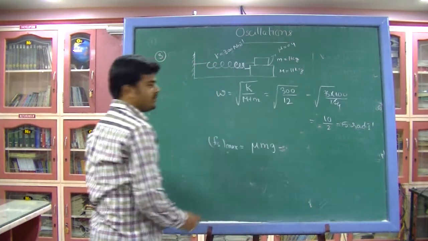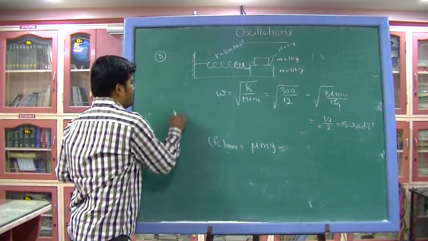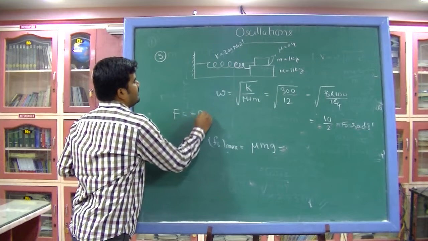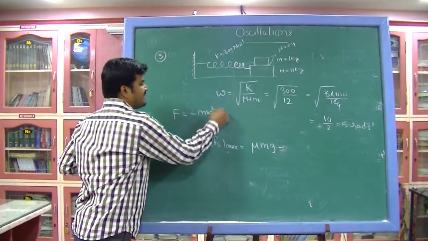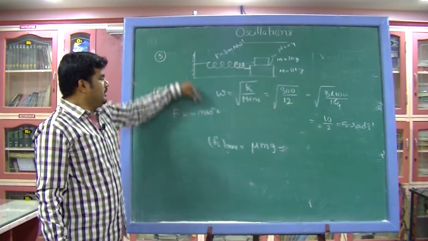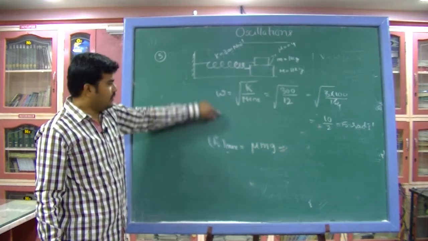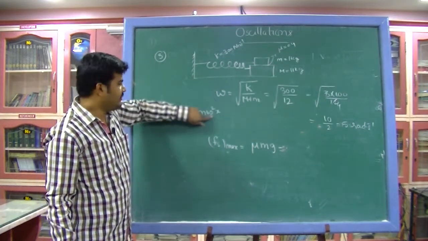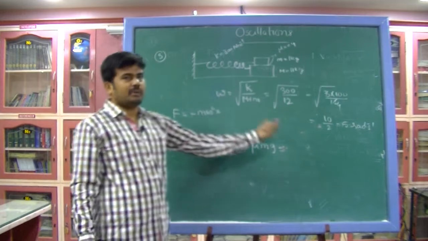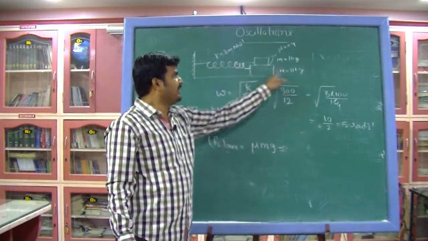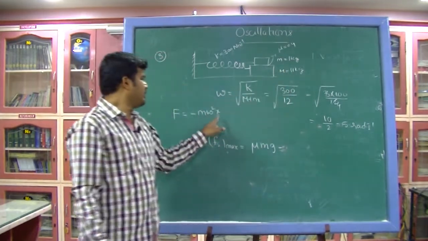So, what is the restoring force equation? The restoring force is minus m omega square x generally, but here I have to replace x with the amplitude. That means, if I want to find out what maximum amplitude the blocks can oscillate without slipping, I have to replace this x with a.